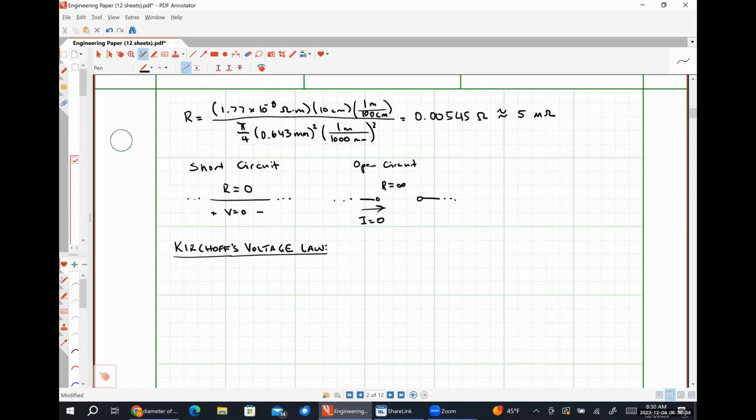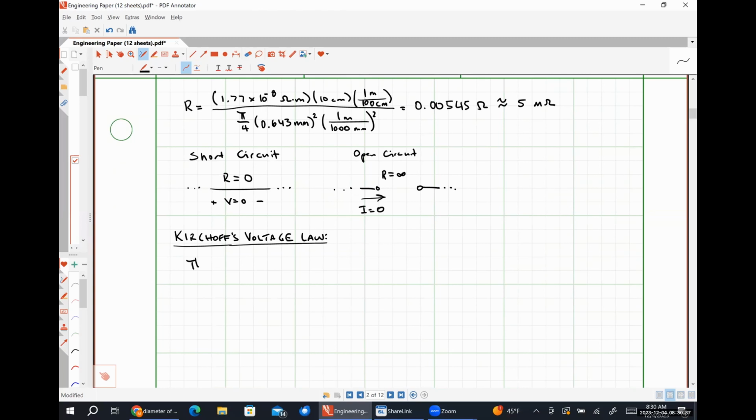Kirchhoff's voltage law simply states that the sum of all of the voltage drops around any closed path must equal 0. We're going to put this into practice here in a couple of moments, looking at what I mean by closed path and all of that kind of good stuff. But let's talk about this conceptually really quickly.